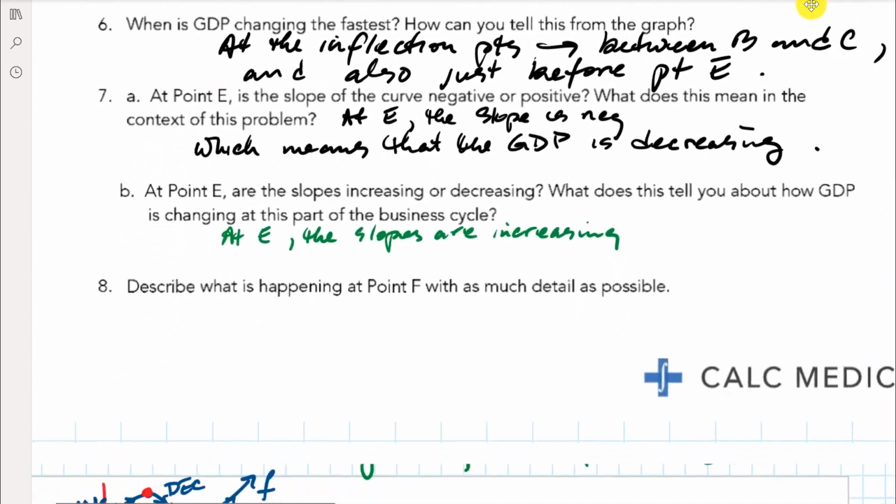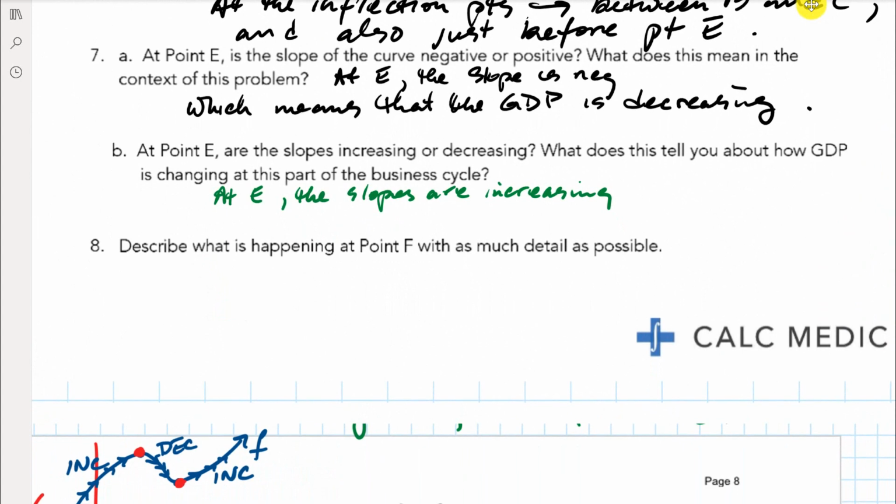Okay, so let's summarize that. No, excuse me. Let me start off and reference point F. At point F here, the GDP, gross domestic product, is increasing because the slope of the tangent line is positive, and it is increasing at an increasing rate.